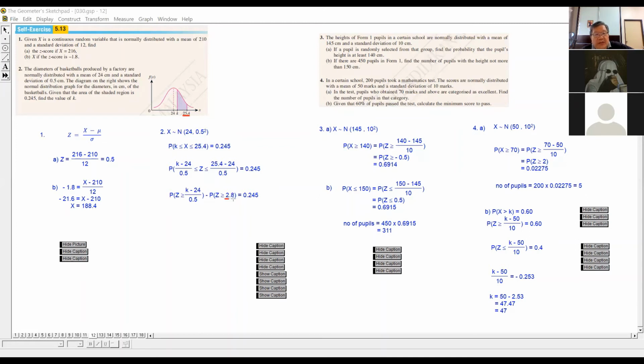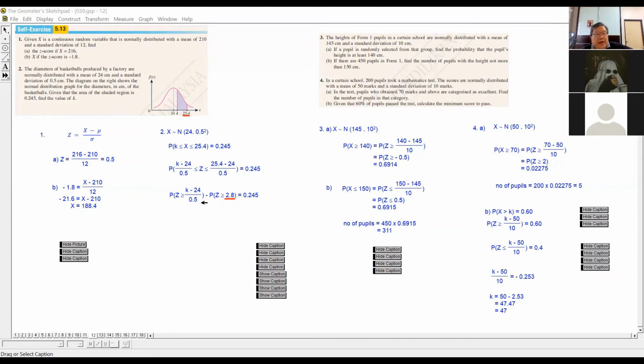Then you want to find the probability of this purple color. The probability is the probability greater than this number minus the probability greater than this number, then you will get the purple color. So that is what I've written here. You cannot be referring to this diagram here because this diagram is for x. What I'm doing here is for z, the standardized score.